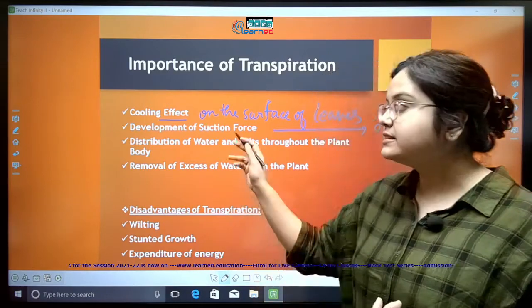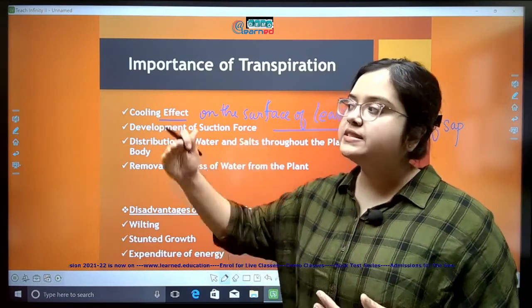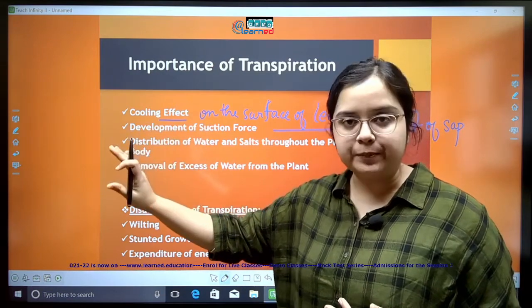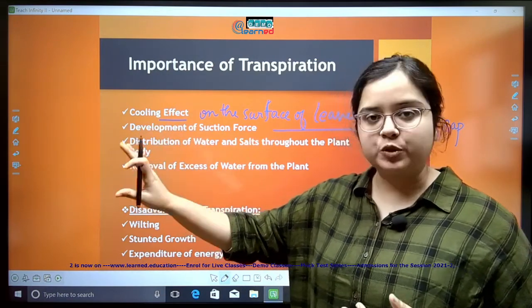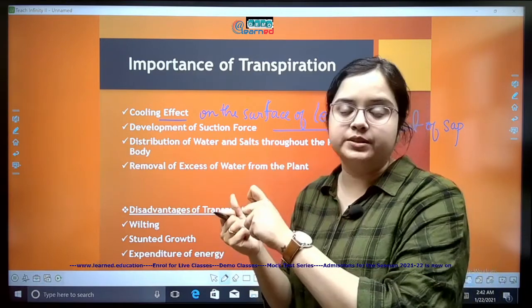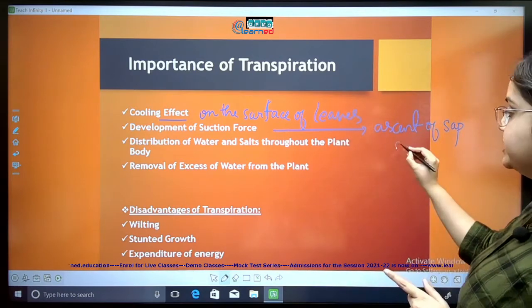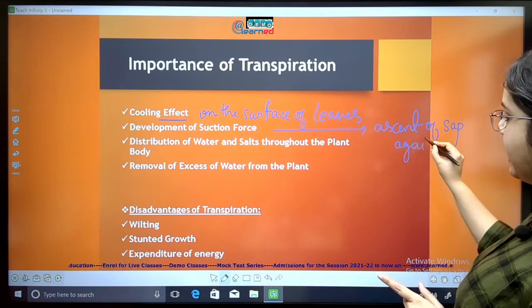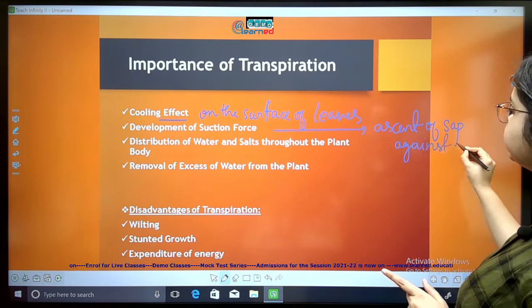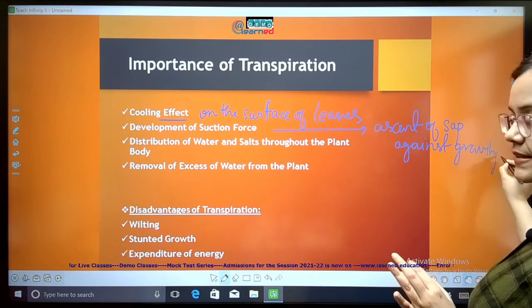So how is it created? As water is evaporated through the stomatal pores, there is a pull of water through the xylem vessels against the force of gravity, and this is how water is pulled to great heights in trees.